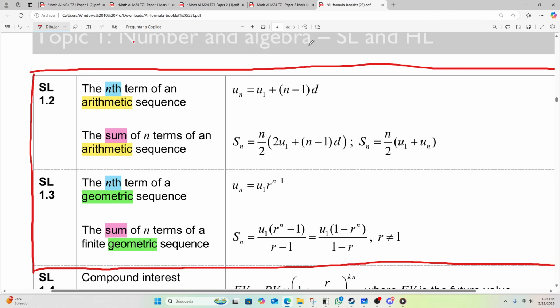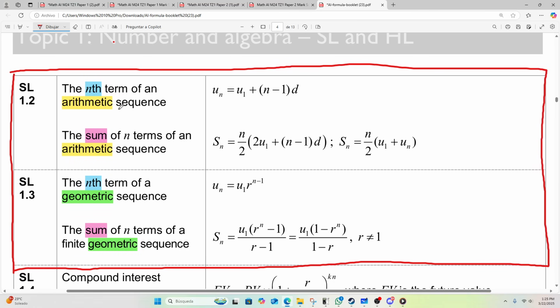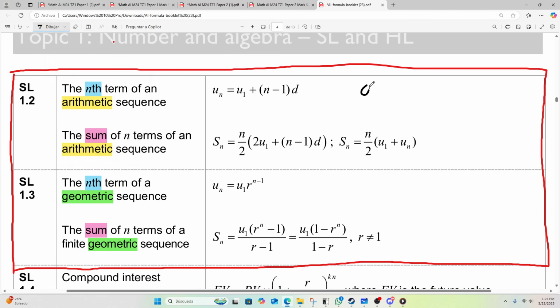Now, let's finish the context here. Up top is for arithmetic. So let's keep in mind that arithmetic is where you have a sequence that is adding or subtracting. Just as an example, we can have something that goes 1, 3, 5, 7. It's plus 2 each time.